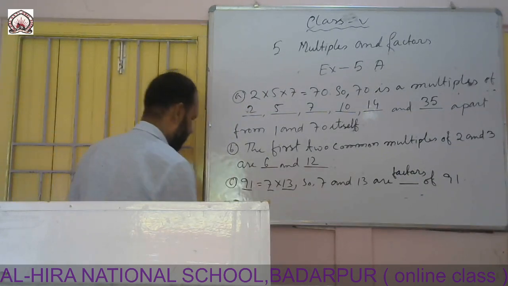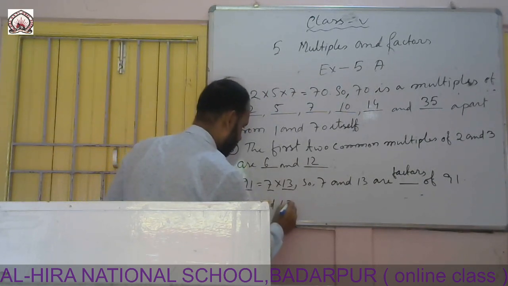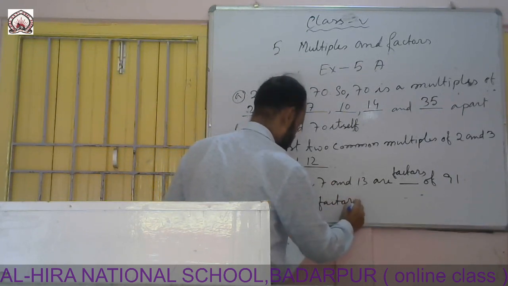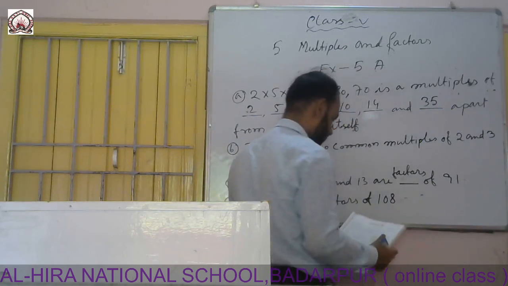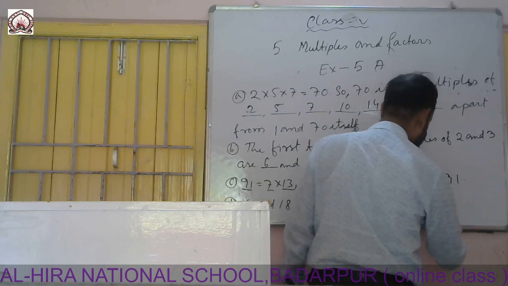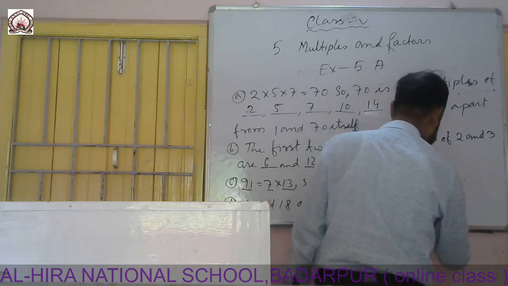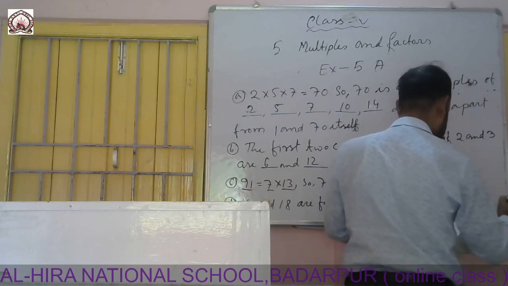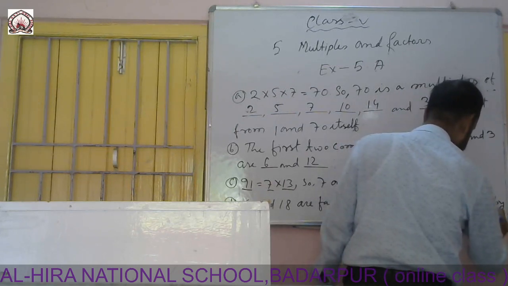Next, question D. 6 and 18 are factors of 108. So 108 is dash by 6 and 18.